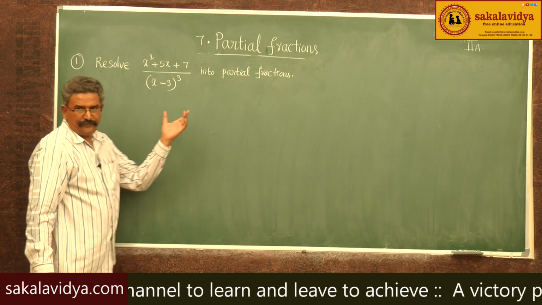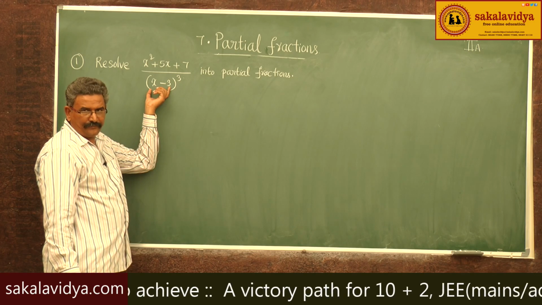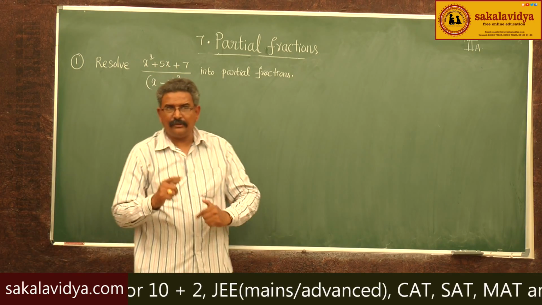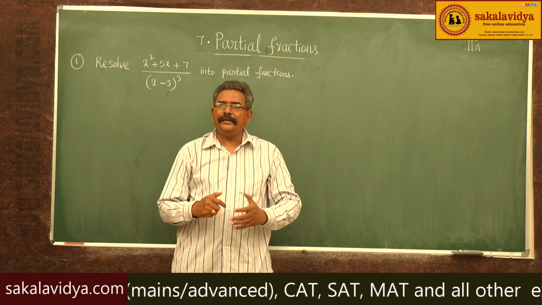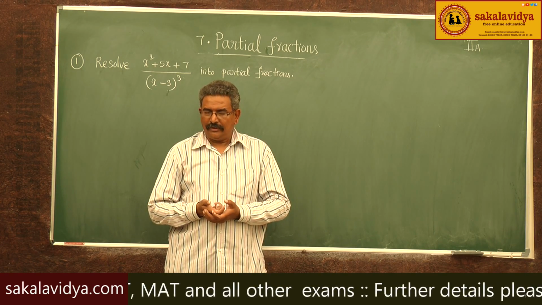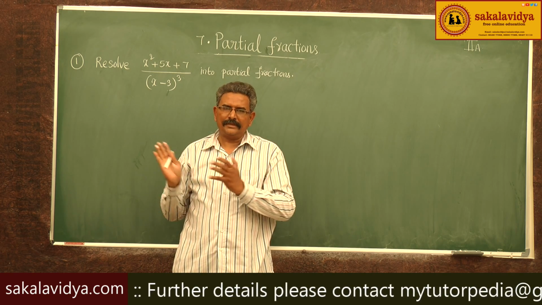So now here x minus 3 is the linear factor, but (x minus 3) whole cube means the linear factor is repeated three times. So rule number 1 is not applicable for this problem.